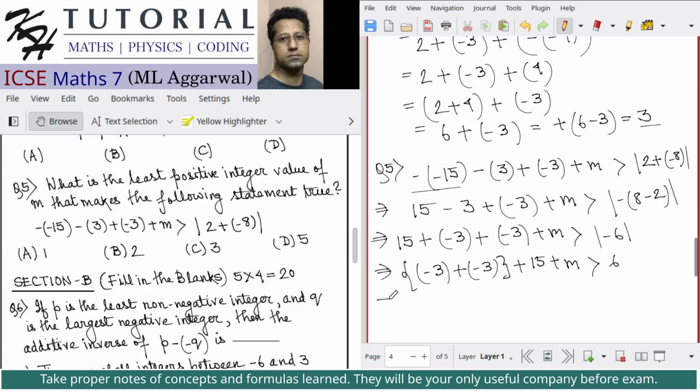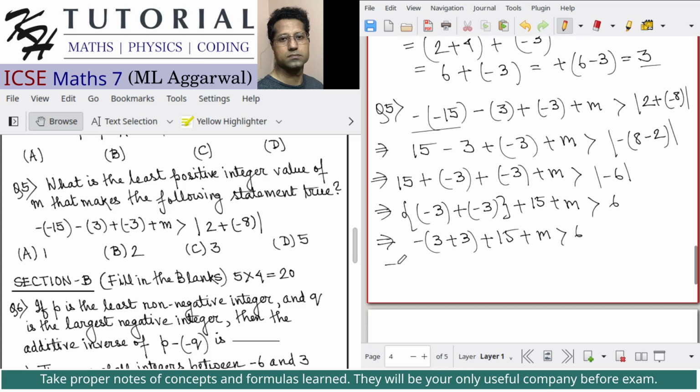Now this implies, what is negative of minus 3 plus minus 3? It is minus of 3 plus 3, and I have plus 15 plus m greater than 6. So this implies 3 plus 3 is 6, minus 6 plus 15 plus m is greater than 6.